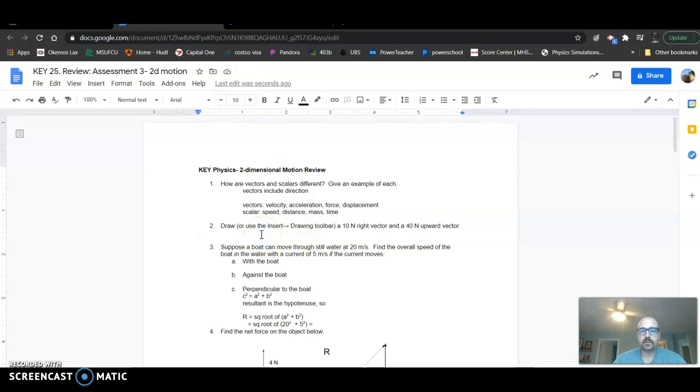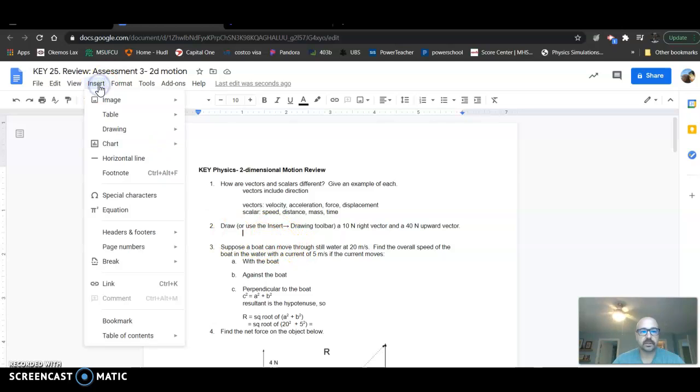For number 2, I just wanted to make sure you understand that the size of the vector relates to its magnitude, or how much of it. We've got 10 Newtons to the right and 40 Newtons upward. The easiest way is to insert a drawing here.